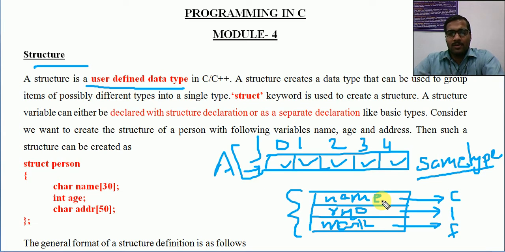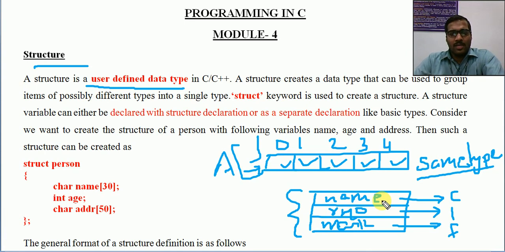Like if you have 67 students in a class and want to store the entire details in a table format, each record means roll number 1, name, class, mark, etc., then roll number 2 another record, roll number 3, and so on.